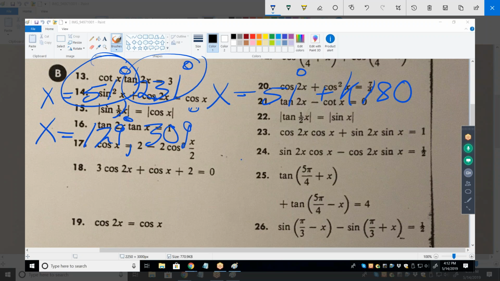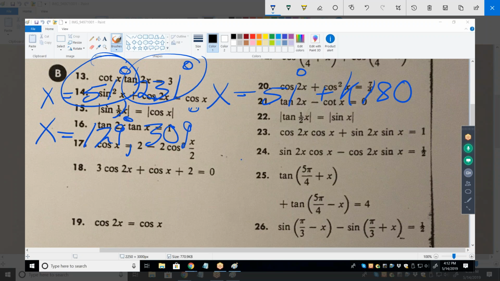What's useful to know is the natural period of tangent is 180. It's not like sine and cosine, whose natural period is 360. Tangent repeats itself every 180, so you never need 360 times k when you're dealing with tangent.